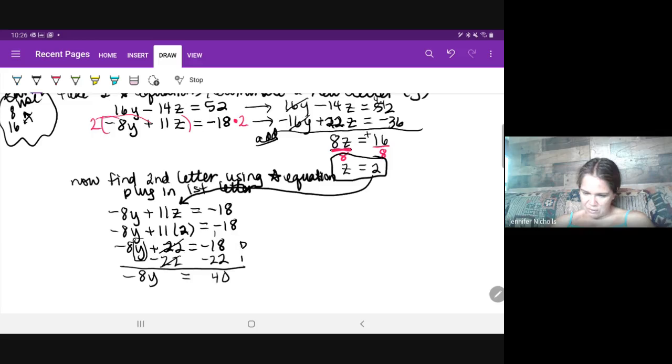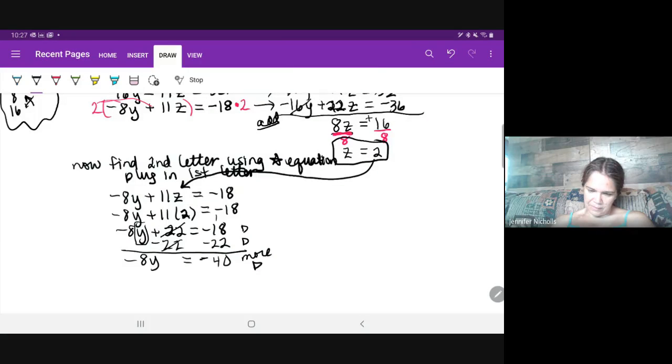Down, down, more down, right? Down, down, more down. So that's still, okay. Show my division step. So some of you are not showing your division step in your homework. Make sure you show the division step. I'm not making you write division property of equality. Okay, but just show me the division step. Y equals 5.